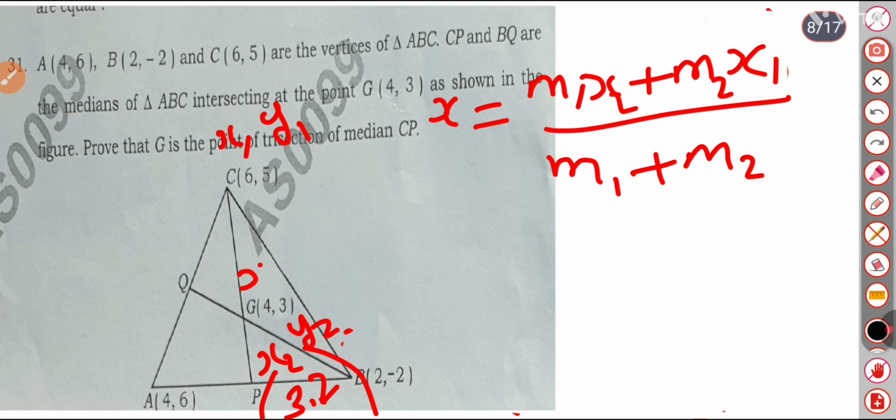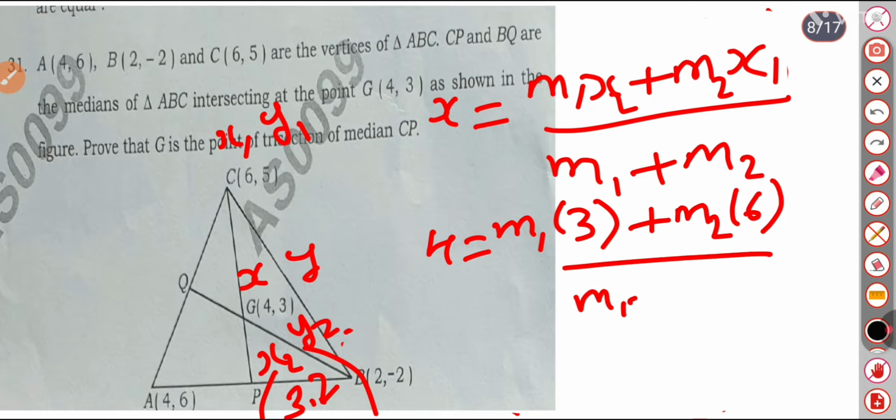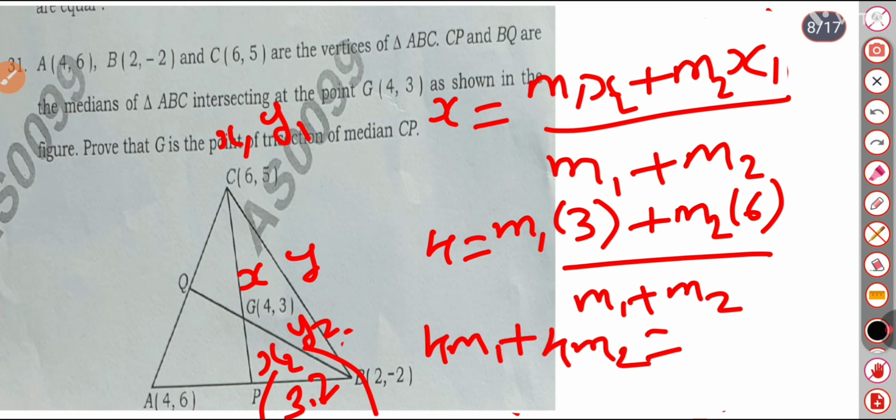So x is 4 here. This is x, this is y. So 4 equals m1 into x2, which is 3, plus m2 as it is, and x1 is 6, by m1 plus m2. Now we will cross multiply: 4 m1 plus 4 m2 equals 3 m1 plus 6 m2.